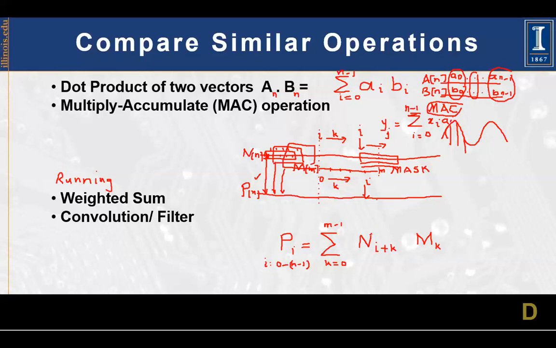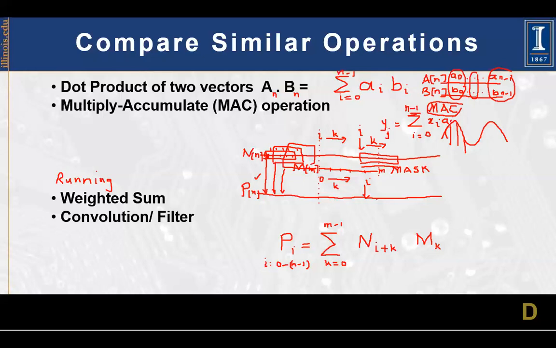So I start with Ni, multiply, and this is my index. When I move towards the right, my indexing is this k. So I keep moving. Let's say in the beginning I am k0, so I am using the Ni element and multiplying it with m0. Can you see that?